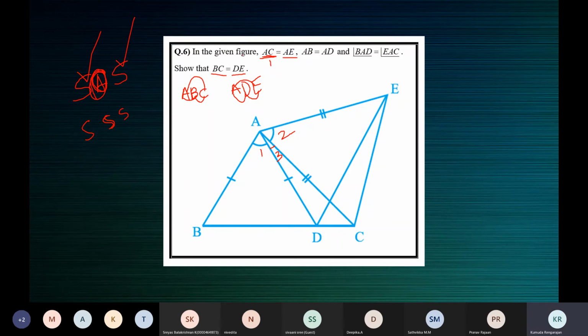Which is the third side of the first triangle ABC, apart from AC and AB? BC. So we are left with the side BC of the first triangle and DE of the second triangle.